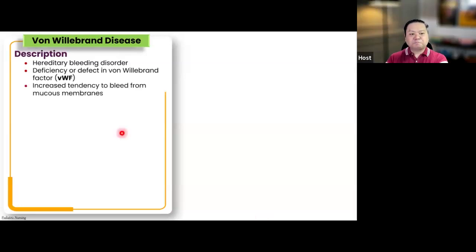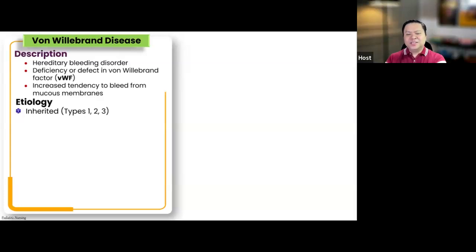Now, we are going to identify here the etiology or the common causes of VWF disease, or von Willebrand disease. So this is going to be in the form of, let's say, an inherited form, which has different types, the first, second, and third types. And so we're going to break down the first one, which is the inherited type.